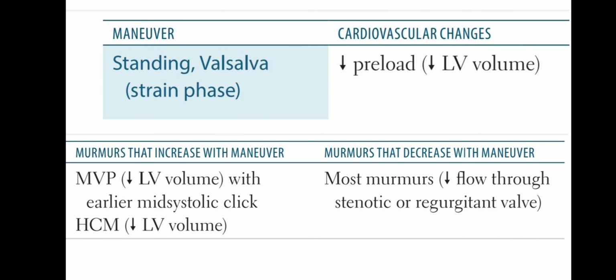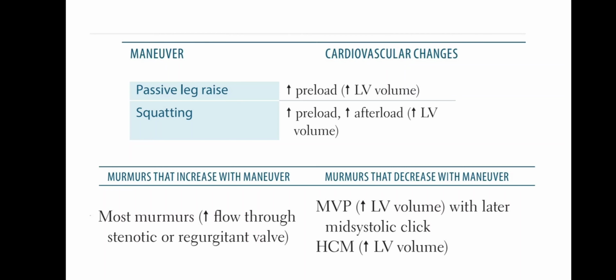Most murmurs increase with these maneuvers because of increased flow through stenotic or regurgitant valve. But murmurs that decrease with these maneuvers are mitral valve prolapse with increased left ventricular volume causing later mid-systolic click and hypertrophic cardiomyopathy with increased left ventricular volume.